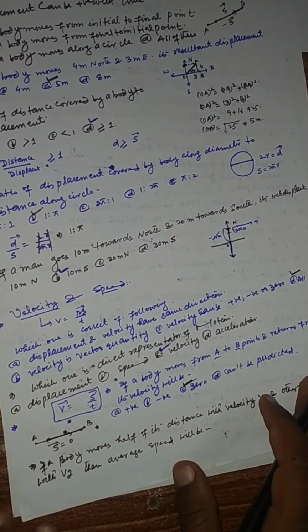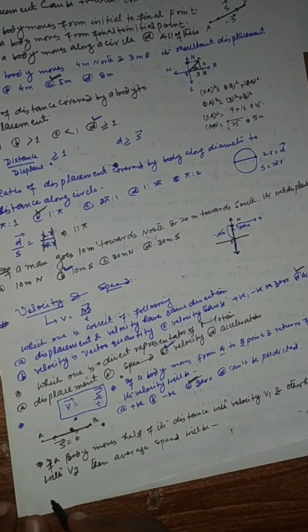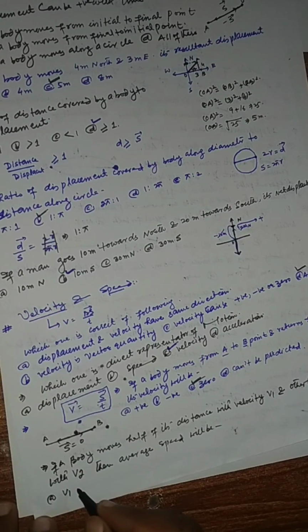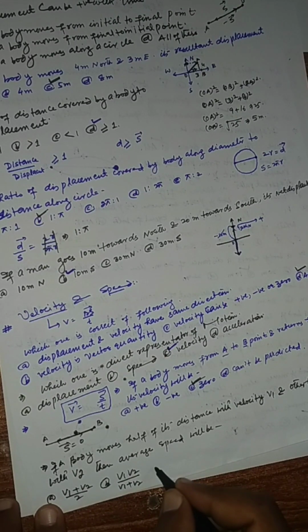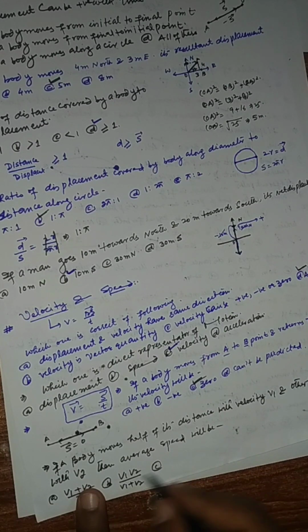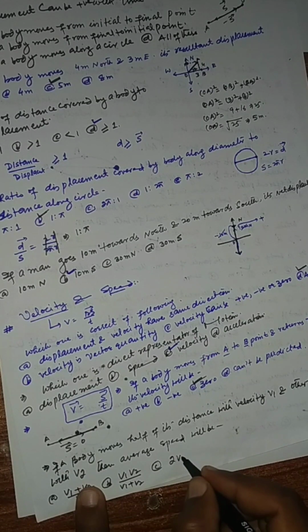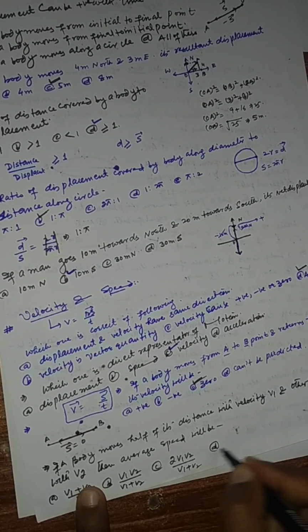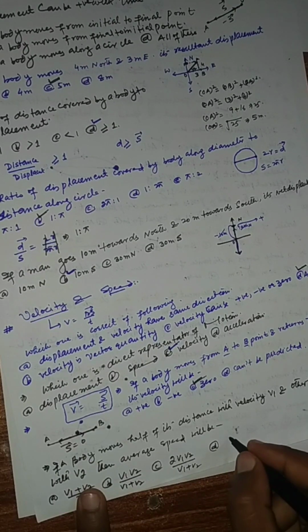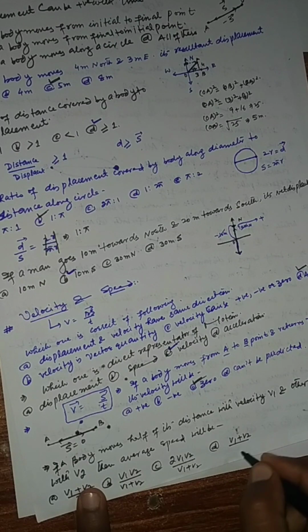The options are v1 plus v2 over 2, or v1 into v2 over v1 plus v2, or 2v1 v2 over v1 plus v2, and option D is v1 plus v2 over v1 into v2.